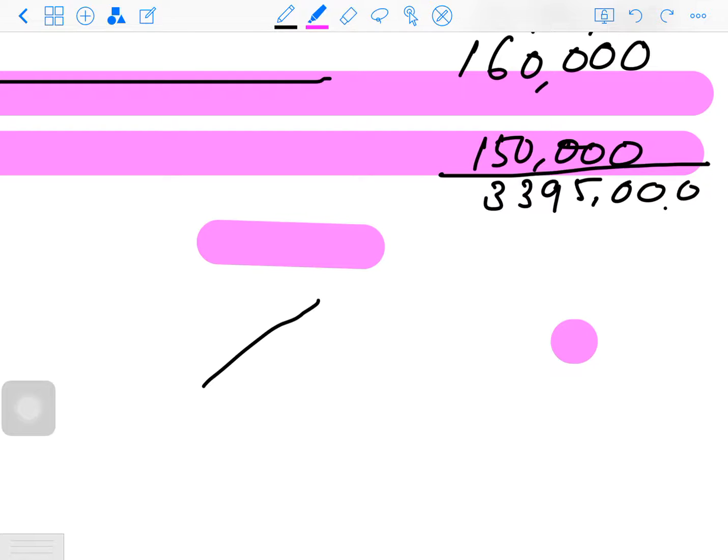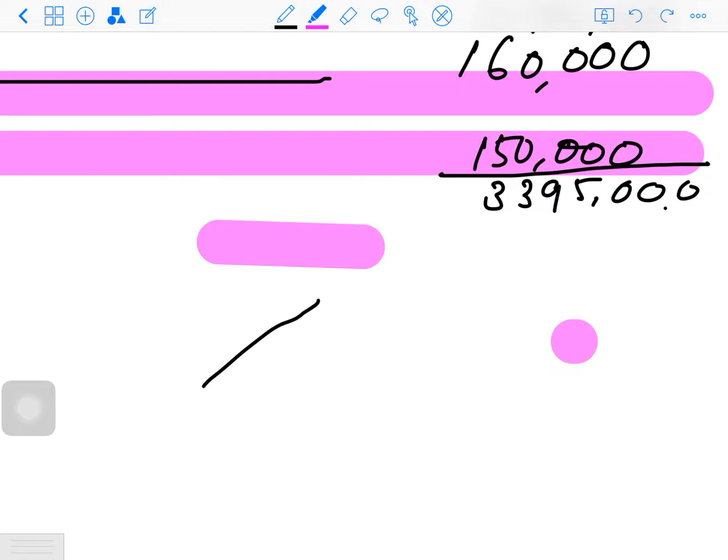Then selling and distribution tak ada, kosong. Then you get operating profit. So minus here 1,635.